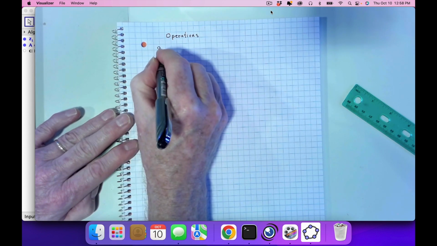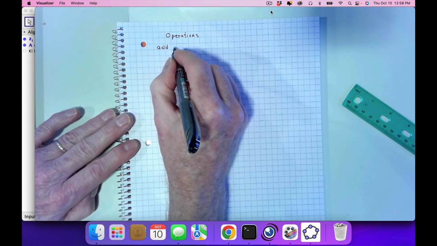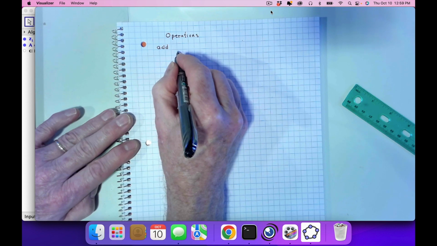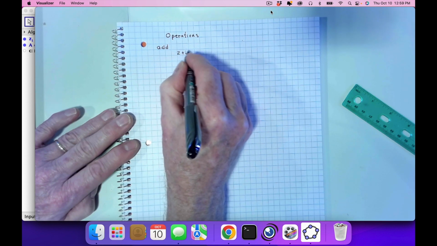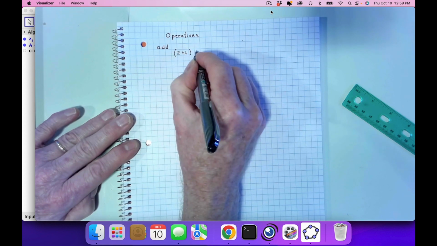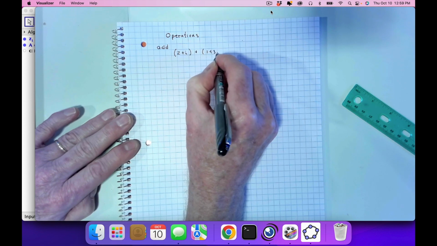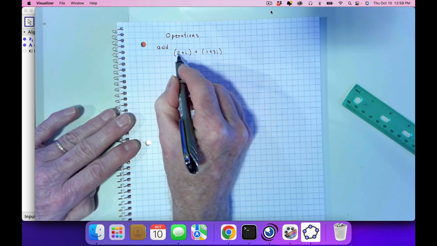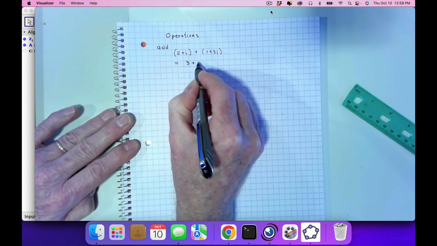Well, again, to add two complex numbers, and we'll give you an example, 2 plus i, and I want to add that to 1 plus 3i. And the result down here is the real parts add, which is 3, and the imaginary part is 4i.